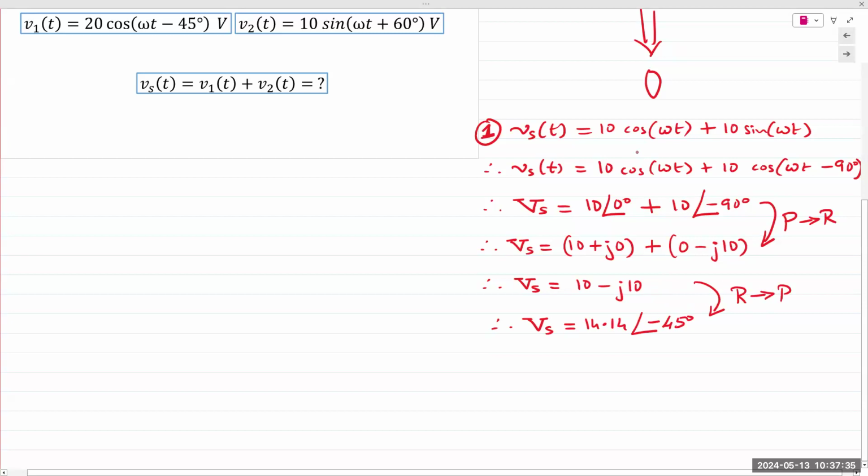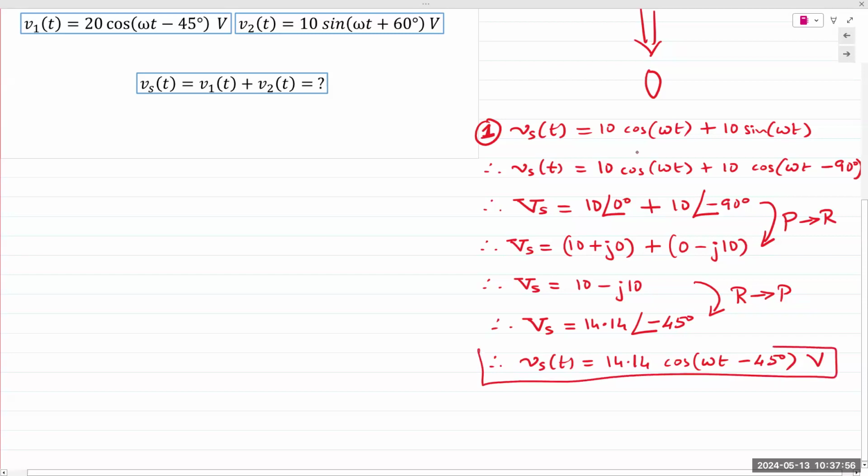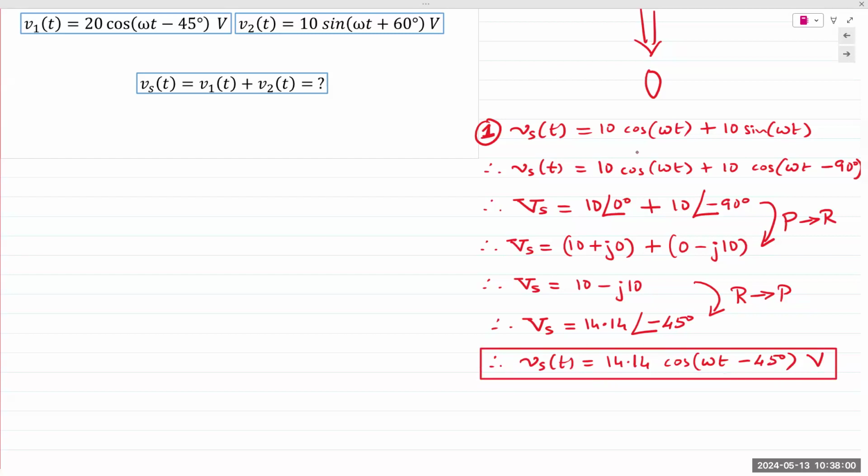All right, and my final answer would be Vs of t is 14.14 cos of omega t minus 45 degrees. Unit is volts. And that's your final answer.